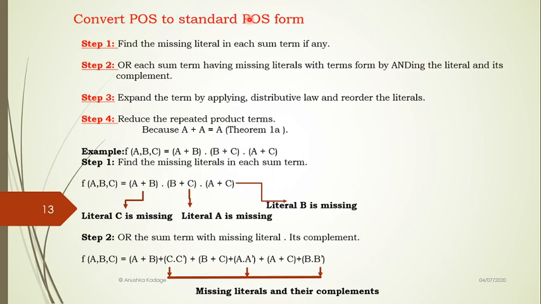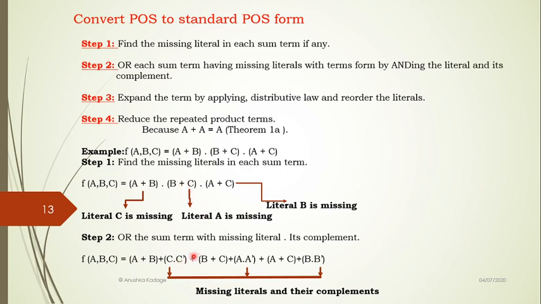So here in this step, we find that A ORed with B is now ORed with the missing literal multiplied with its complement.